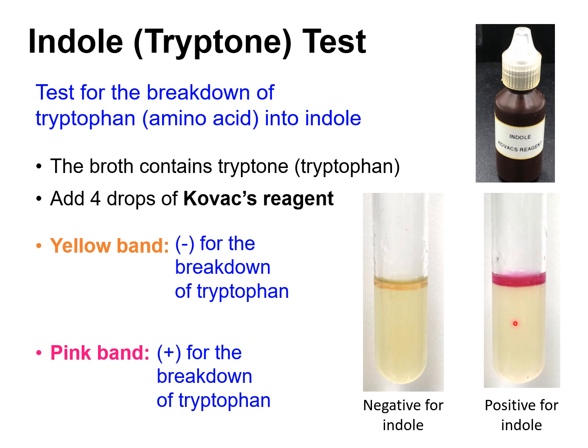So this test is positive for indole. How do I know it's capable of producing indole? This pink band that you see up at the top. This one is negative for indole and means your bacteria is not capable of breaking down tryptophan.